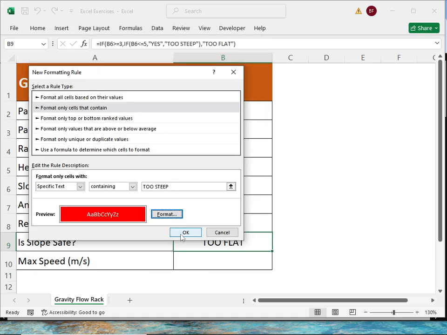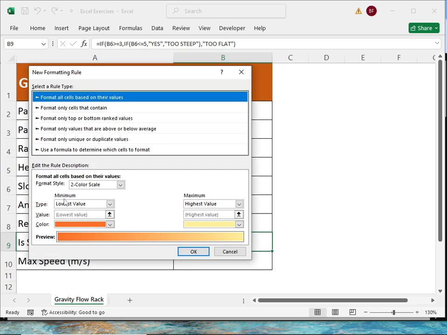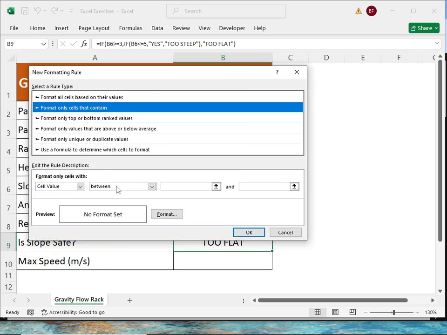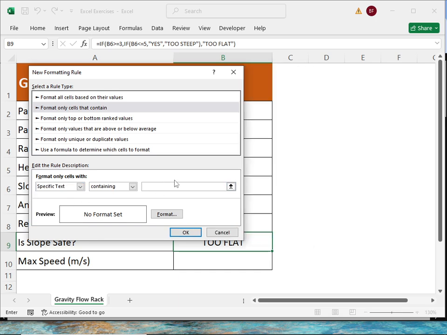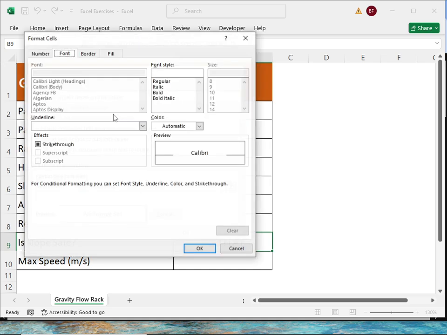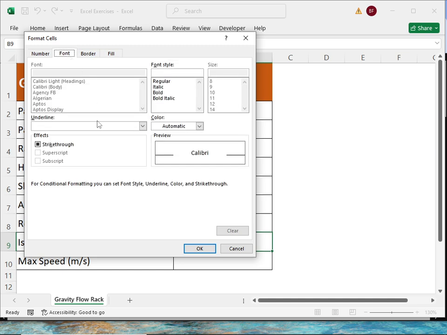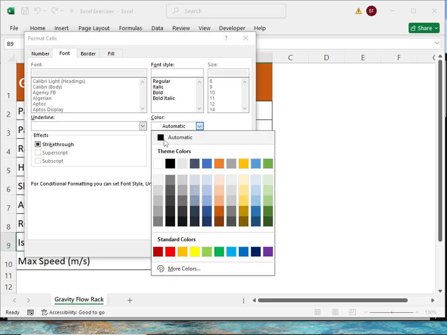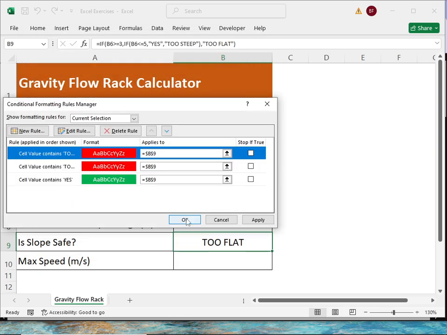Then click OK. Then I'm going to add a new rule. The third one would be format only cells that contain specific text, TOO FLAT. Again, this is the same red fill, and the font is white. Then click OK.